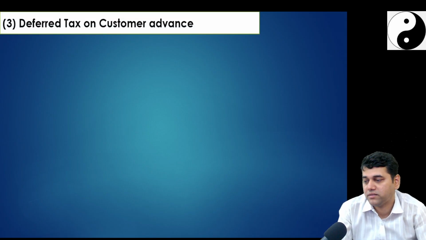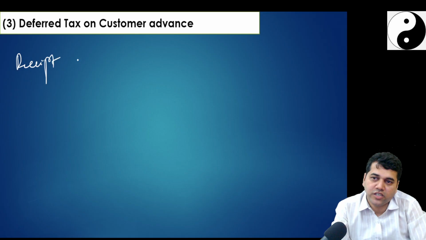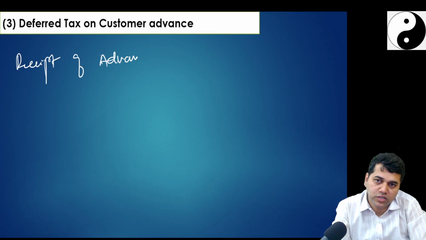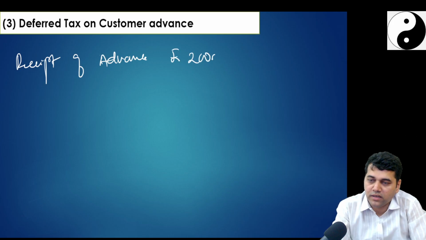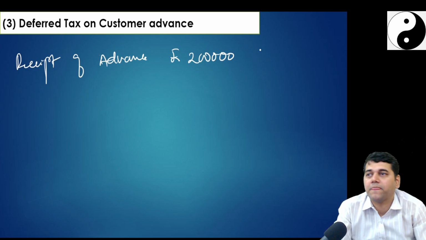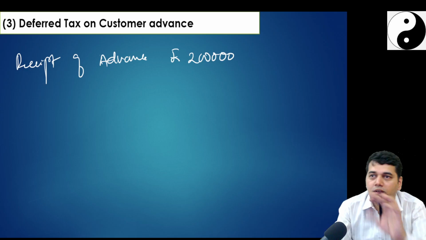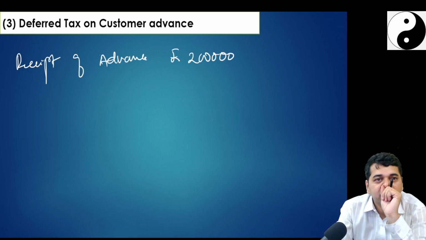Yes, next one is the customer advance. Receipt of advance, rupees 2 lakh. Does it have any current tax effect? Now think, what entry you passed?